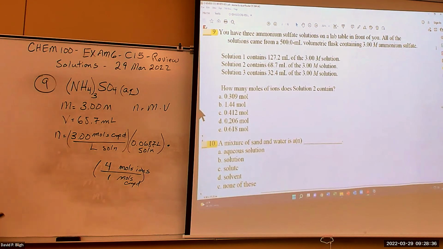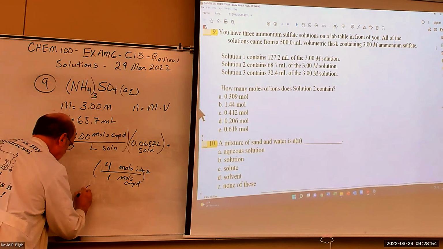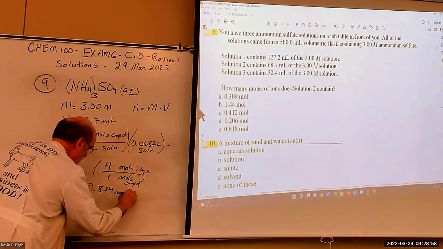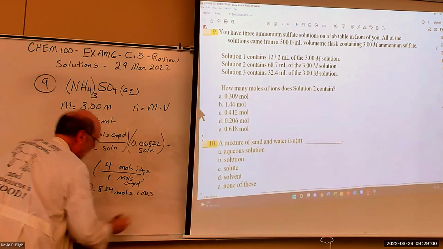Now, that's the thinking part. The rest is number crunching. Did I lose anybody? Okay. 0.0687 times 4 times 3. So I get 0.824 moles of ions.